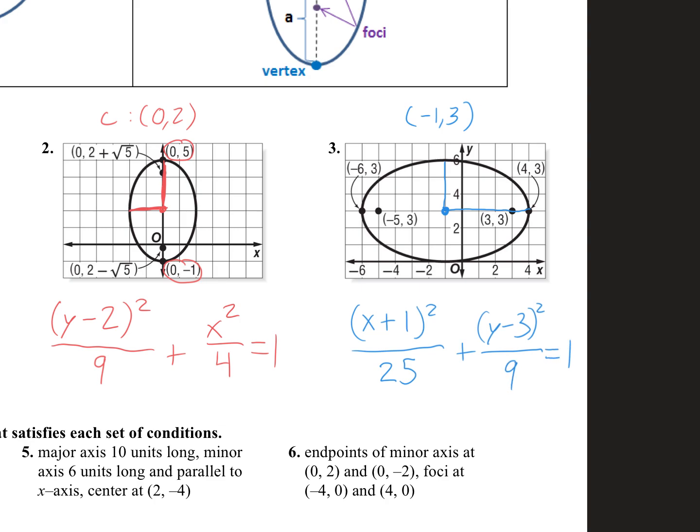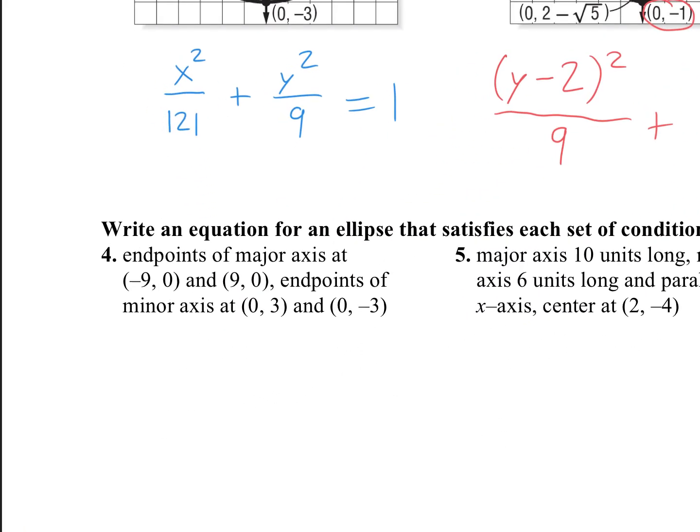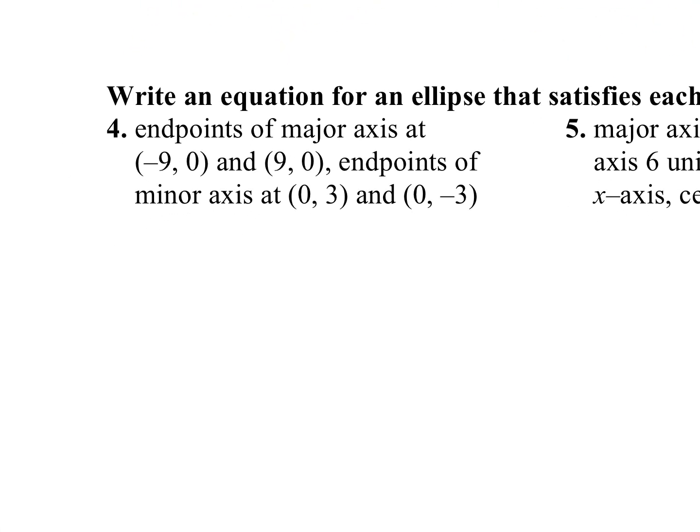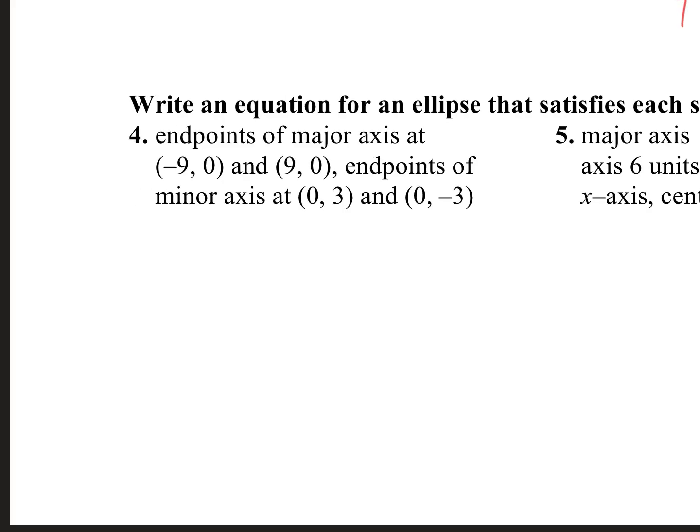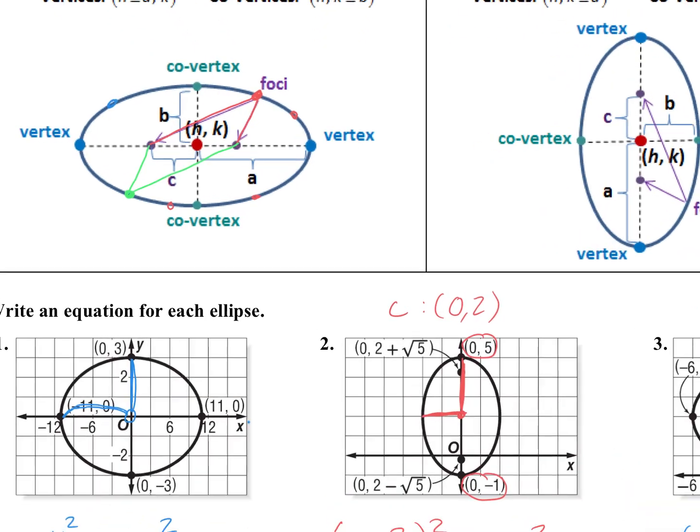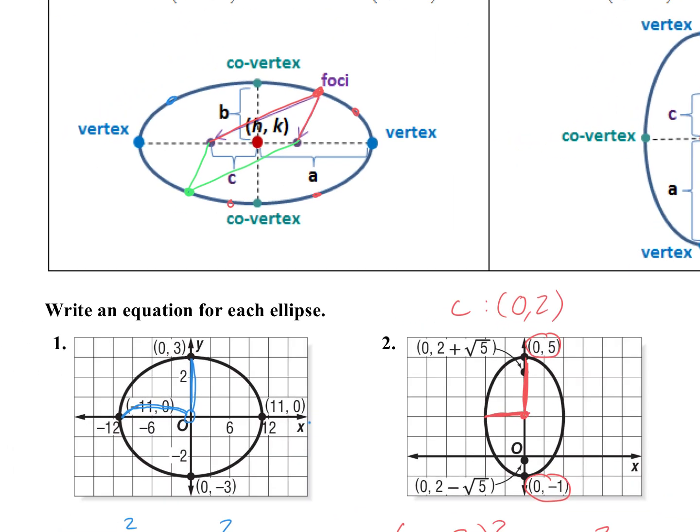All right, so we actually could have solved that problem without those foci being given. All right, so I guess we'll talk more about the foci when we get to number 6. All right, so number 4 talks about the major and minor axis. Let me go back to the ellipses at the top. The major axis is the longer one out of this line segment and that line segment.